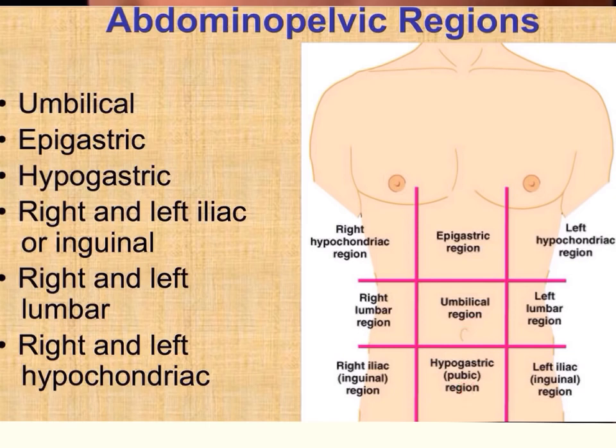We have both the right and left iliacs, which are located on either side of the hypogastric. The right and left lumbar regions are lateral to the umbilical, and they correspond to the lower vertebrae of the body. The right and left hypochondriac regions are lateral to the epigastric, and they correspond to the location of the ribs.